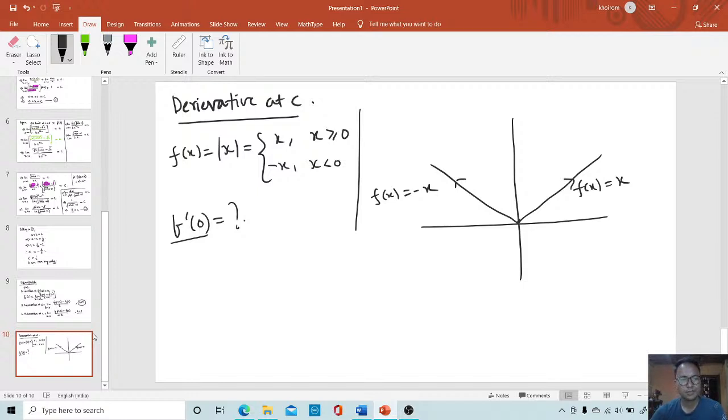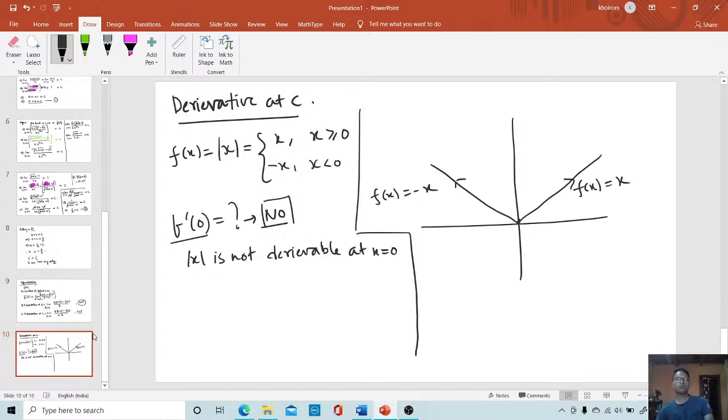The answer is no. Modulus of x is not derivable at 0.